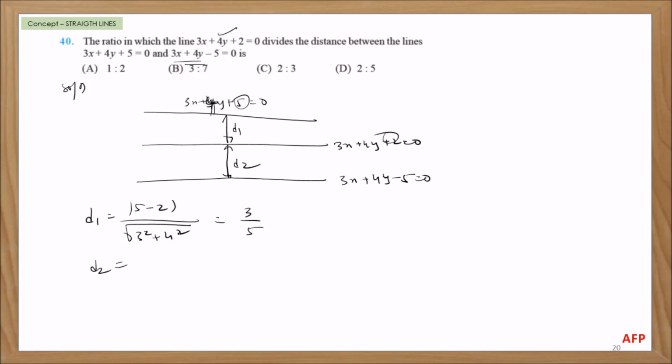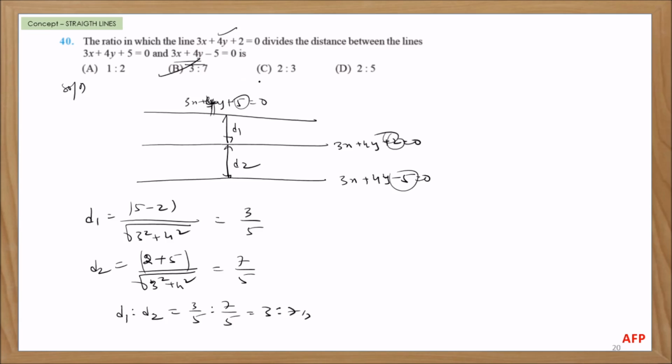Okay, d2 is, so 7, so that is the modulus of 2 minus minus 5, divided by square root of 3 square plus 4 square, that is 7 by 5. So therefore d1 is to d2 is equal to 3 by 5 is to 7 by 5, so 3 is to 7 is the answer.